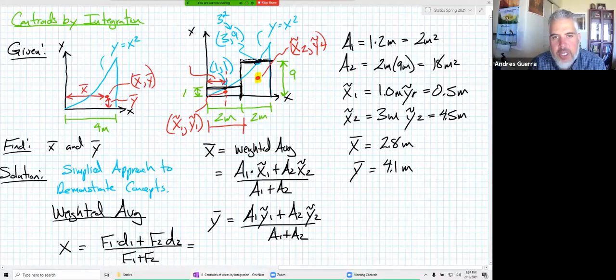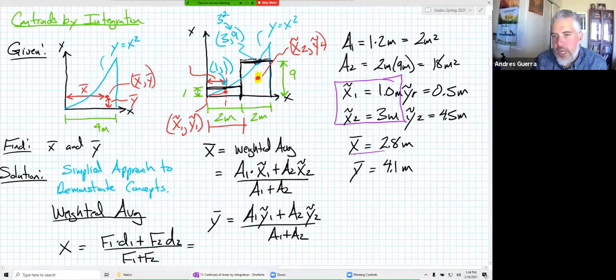Just for a gut check, do those numbers make sense? Let's look at the x bar. We know our 2 centroids are at 3 meters and at 1 meter. We know that segment 2 is definitely bigger.